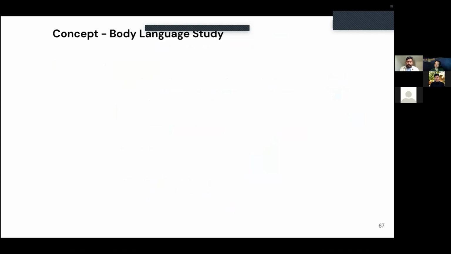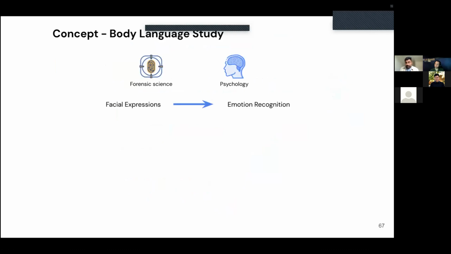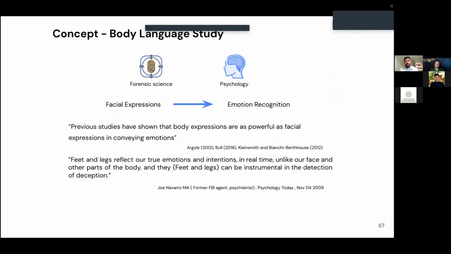We use body language to identify our emotions. For example, one of the most popular body language that we use is our facial expressions. We use facial expressions to detect our emotions. However, facial expressions are not the only body language that we can use. There are a lot of body gestures that we can use to detect our emotions.